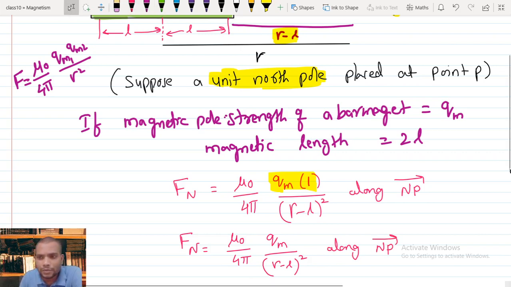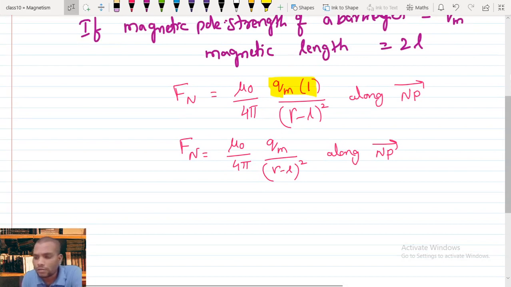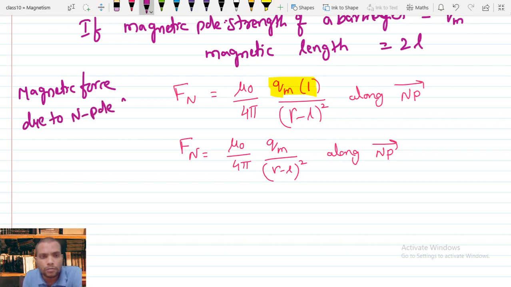Similarly, you can write the expression for the magnetic force exerted by the south pole. So here I forgot to write magnetic force due to the north pole on the unit north pole.